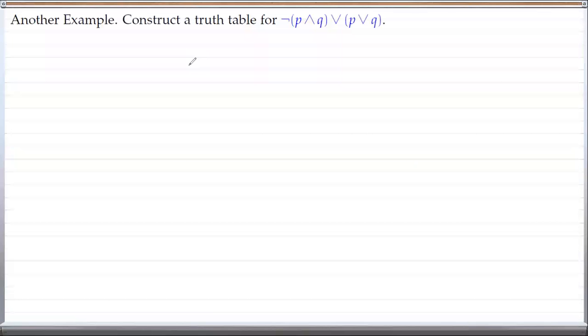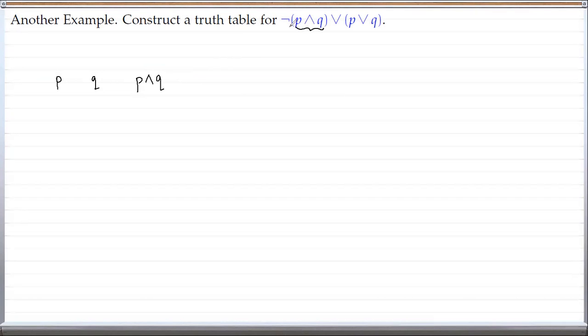Here is another example. We want to construct a truth table for this combination of P and Q. We have not (P and Q) or (P or Q). So we want to look at all possible combinations of truth values of P and Q. So we'll have columns for P and Q. And our calculation will include P and Q, which is what we have here.